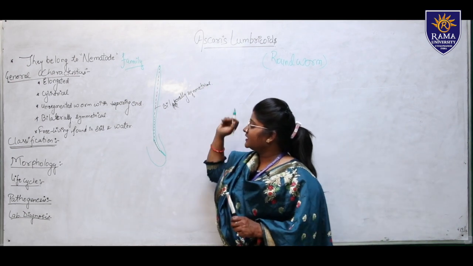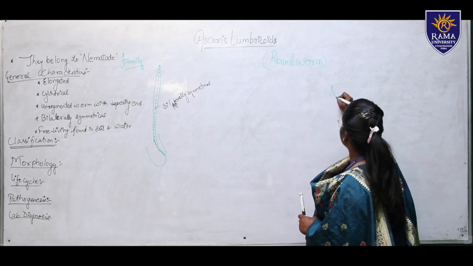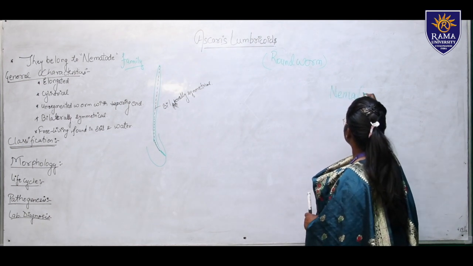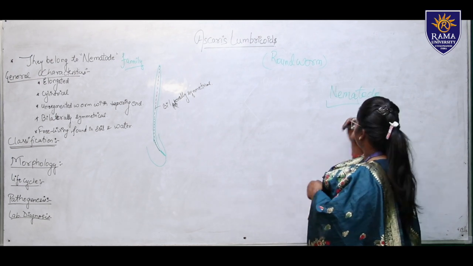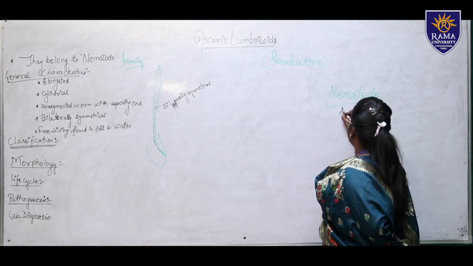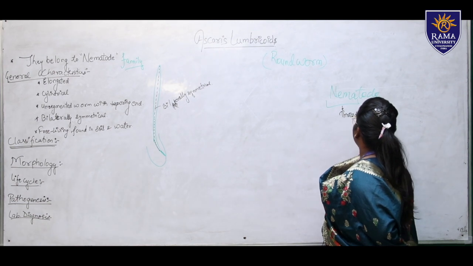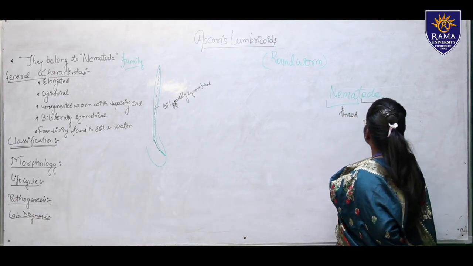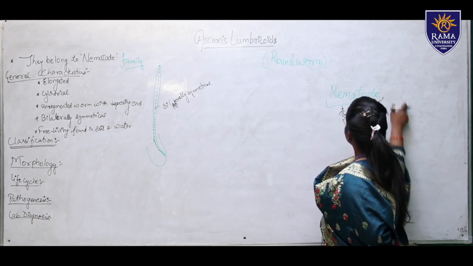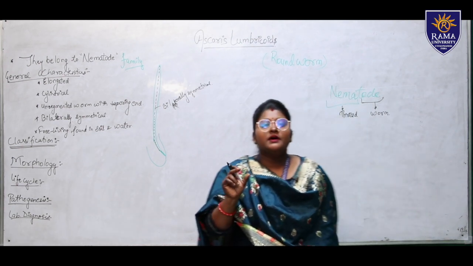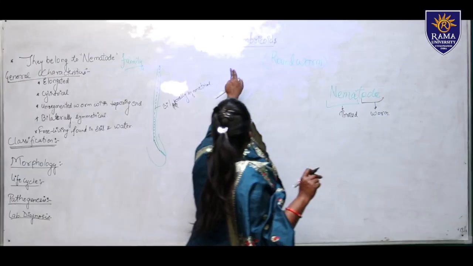The name nematode means: nema means thread-like, and toad means worm. So nematode belongs to the thread-like worms, which includes Ascaris.